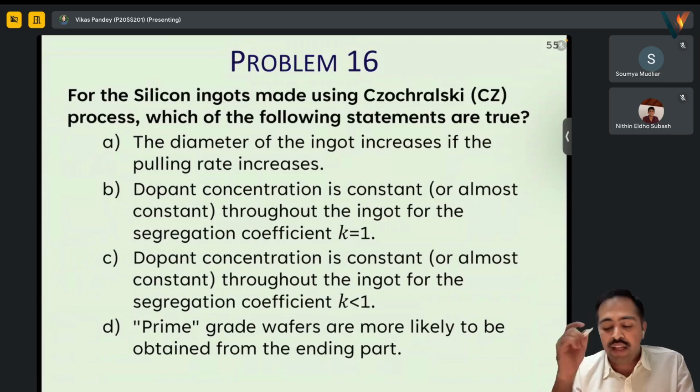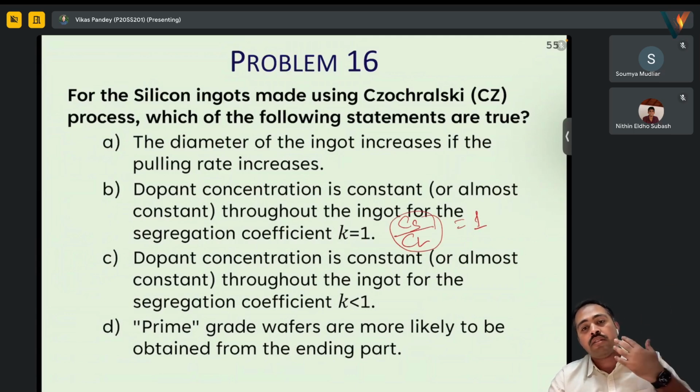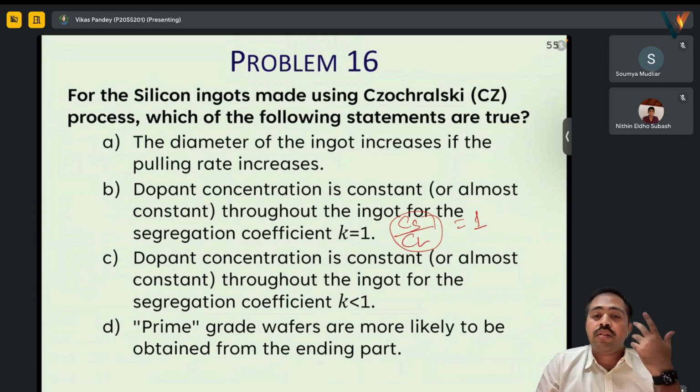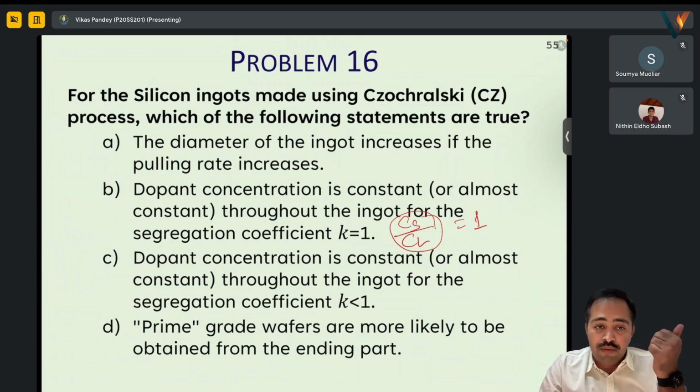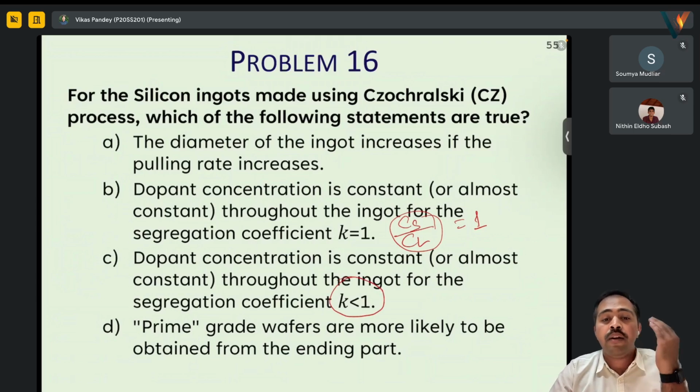If K, that is Cs upon Cl, is equal to 1 for some material, then the dopant concentration is constant throughout the ingot. Or the same for a segregation coefficient K less than 1. Prime grade wafers are more likely to be obtained from the ending part. Which of these are true? Yes, anyone?